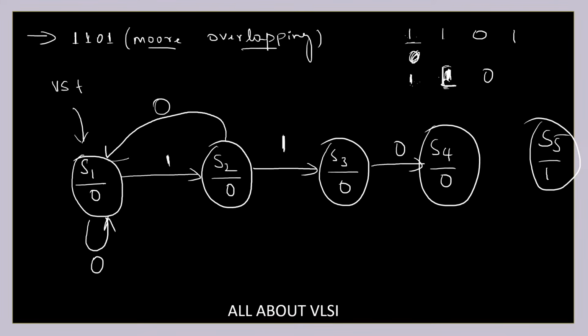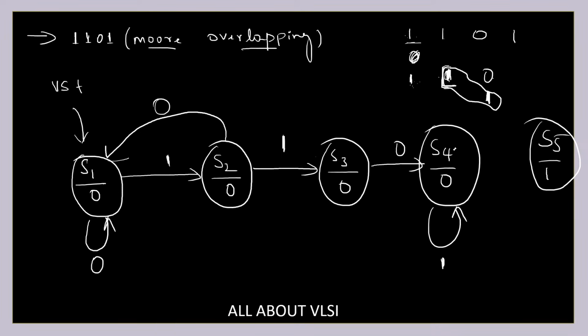I want 110, I got 110, so I'm going to S4 state. But instead of 110, if you got one more 1, we can stay in the same state because I can reutilize these 2 bits for forming my sequence. So if my input is equal to 1, I'm going to stay in the same state.